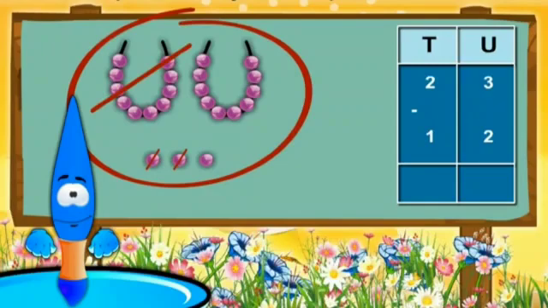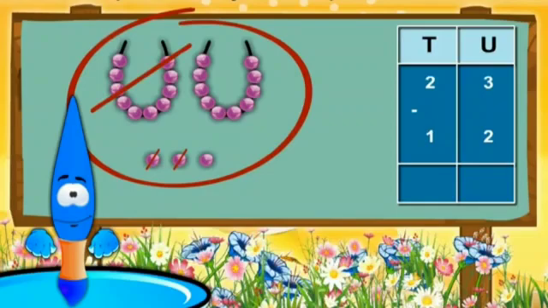Whenever we start addition or subtraction, we have to start from the units place. Children, remember this. So from 3 units we subtract 2 units, and from 2 tens we subtract 1 tens.